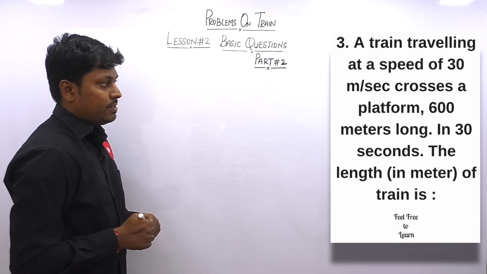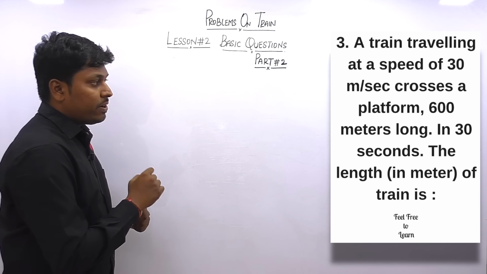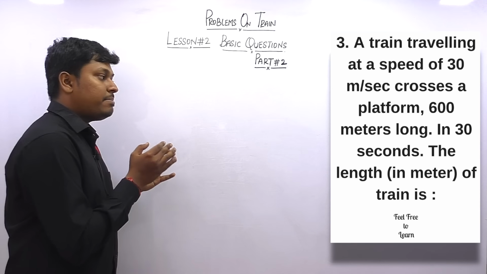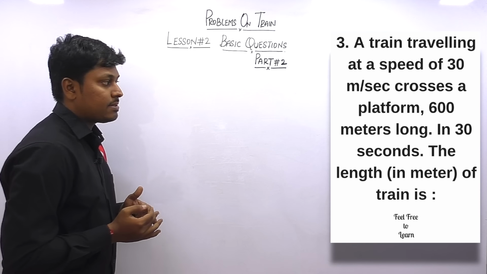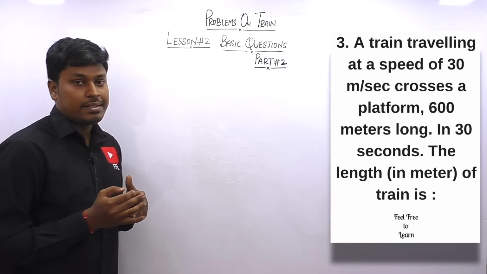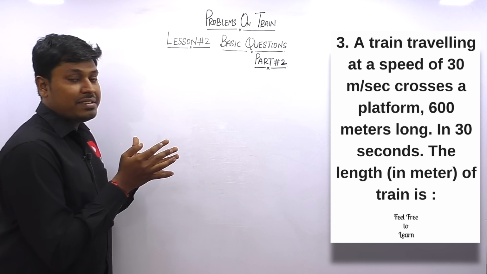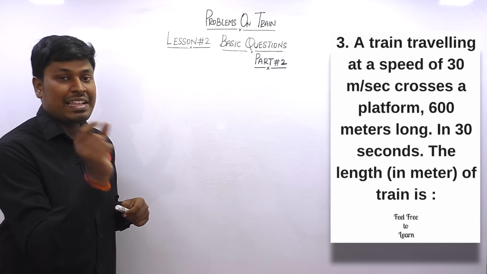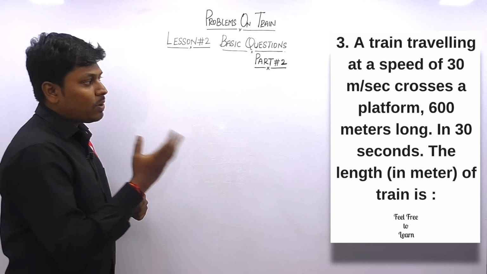Question number 3. A train traveling at a speed of 30 meter per second crosses a platform 600 meter long in 30 seconds. The length in meter of the train is. So listen here, in all the previous questions we found the time taken, but here our target is to find the length of the train. So remember what all the data is given.